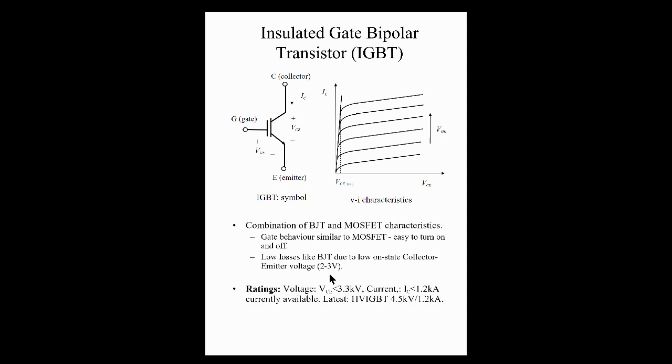Of course, it has voltage rating, can go as high as 3.3 kilovolts. Your current can go as high as 1.2 kiloamperes. And of course, if you look at your switching frequency, it's as high as 100 kilohertz.